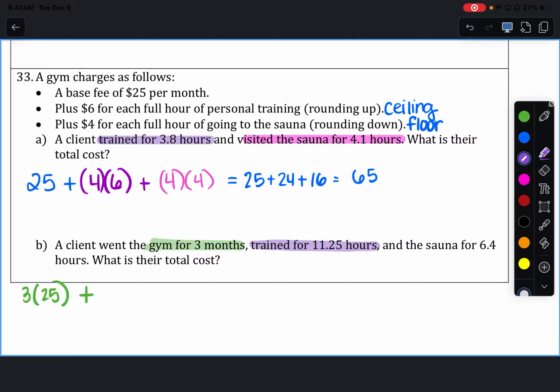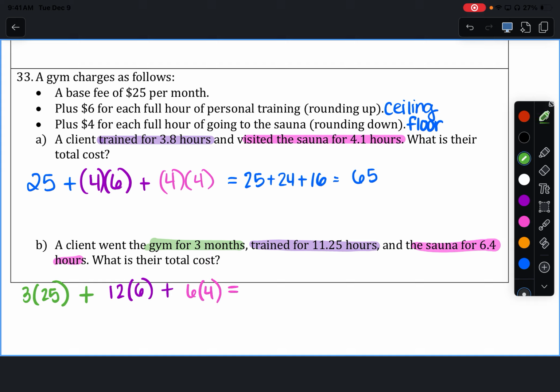So training is a ceiling or floor? Ceiling. So what's the ceiling of 11.25? Yep, it's 12. For how much money? $6. Okay, plus she went to the sauna for 6.4 hours. What's the floor of 6.4? 6. So it'll be 6 times how much money is it for that?